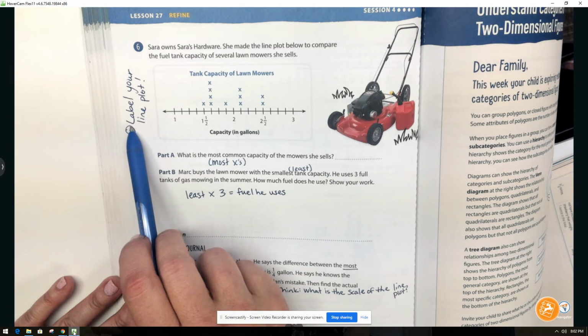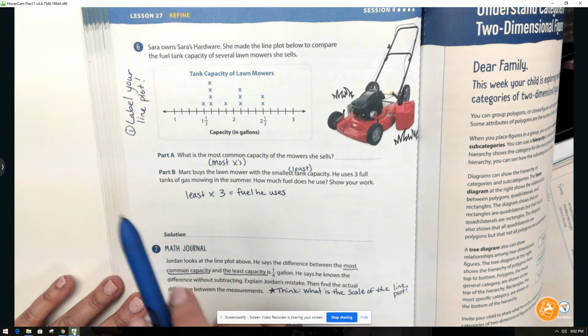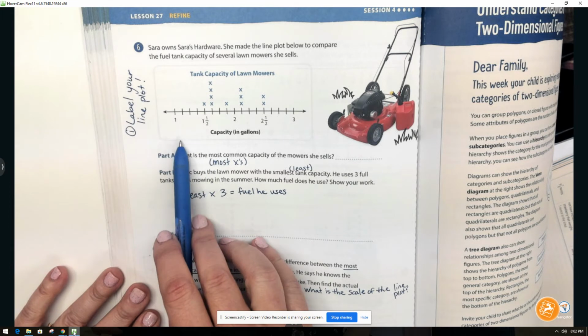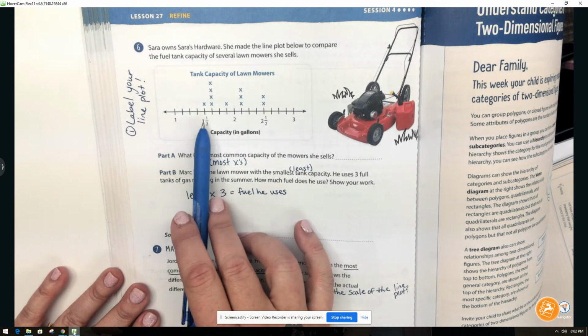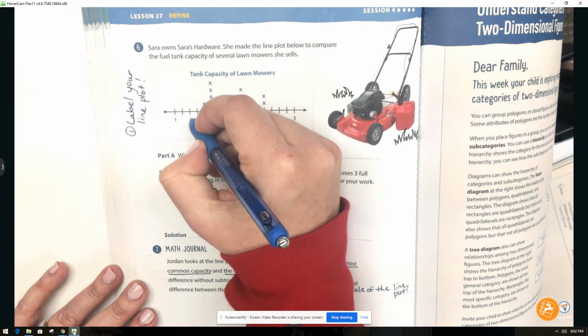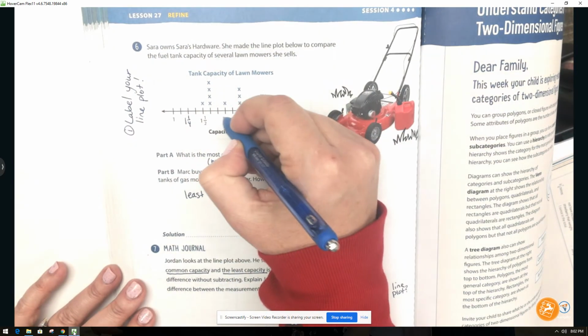The first thing I want you to do is to label your line plot. Go ahead and label each of these tick marks. I think it's really going to help you so that you can see the scale of this line plot. So remember that you're going to go through, and I will help you out a little bit. Right here, halfway between 1 and 1.5 is 1 1/4.